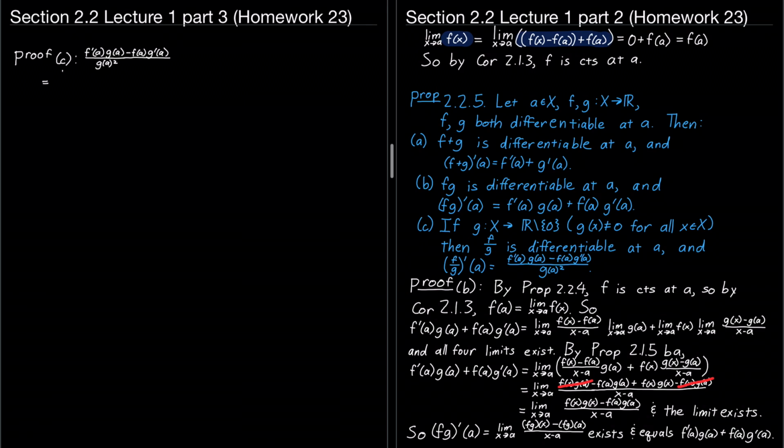f prime of a, that's the limit as x approaches a, f of x minus f of a over x minus a. And then let's go ahead and leave the g of a as a g of a. Then we'll subtract off, leave the f of a as it is.